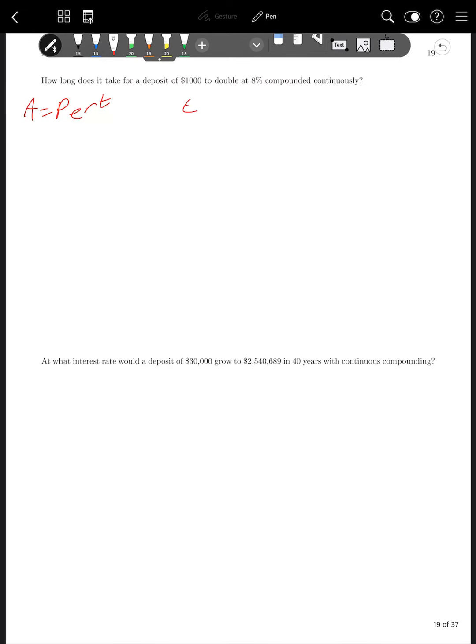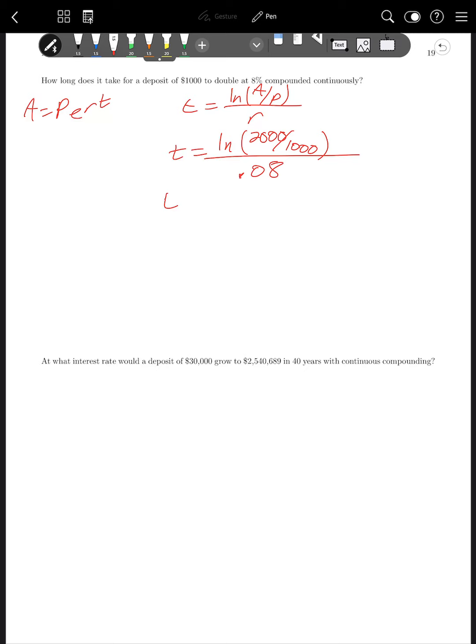So a formula for the time it takes would be t equals the natural log of A over P, divided by the rate. So the amount of time it takes for a deposit to double from $1,000 at 8% would be t equals the natural log of 2,000 over 1,000 divided by 0.08.